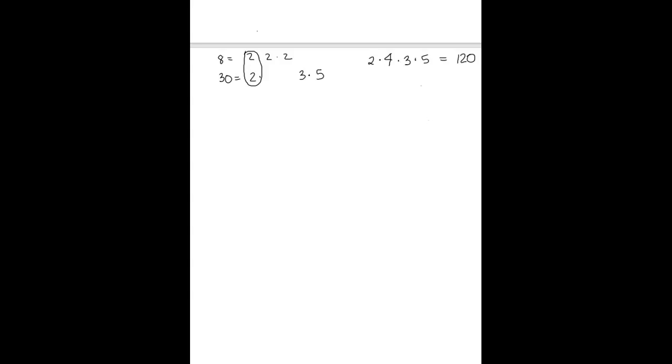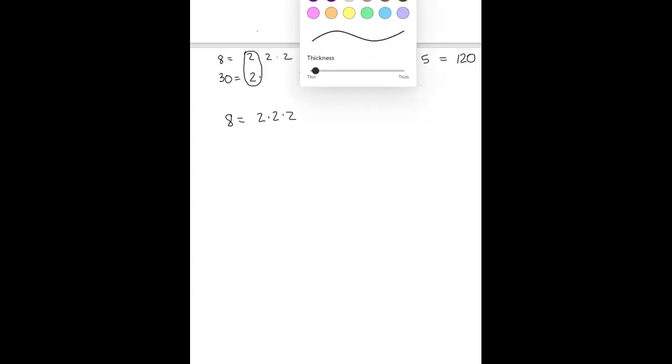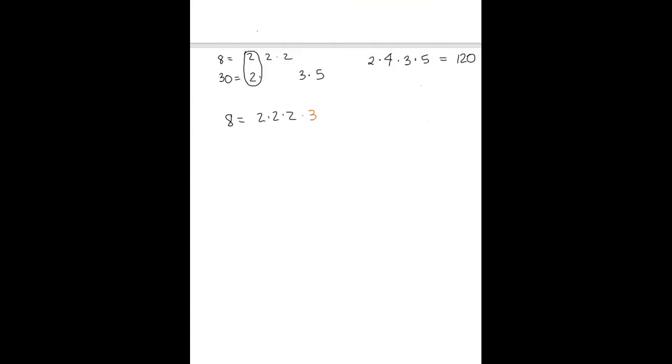So for 8, I've got my 2 times 2 times 2, and now I need to add some factors of 3 and 5 because I don't have those here, right? I'm missing those, so I need those in order to get to that 120.